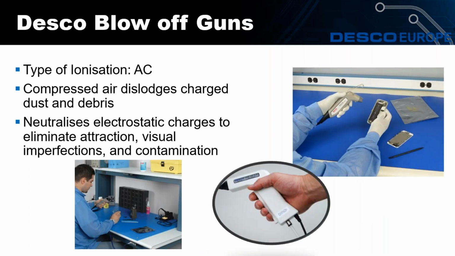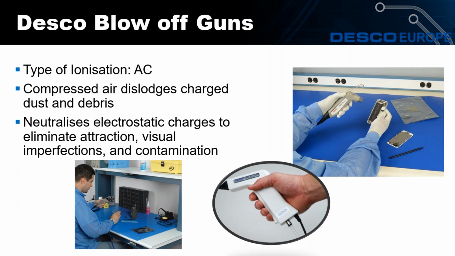Now the compressed air or blow-off guns work on the alternating current technology, which is a single electrode that alternates very quickly between positive and negative, but it does rely on a high airflow to do that. So these are designed to work with a compressed air line.